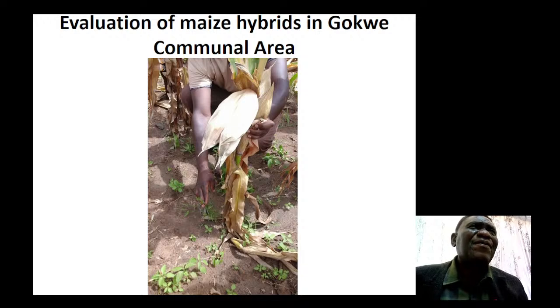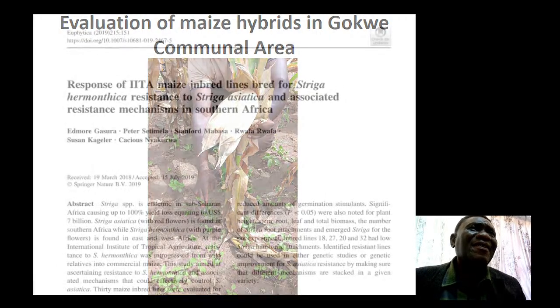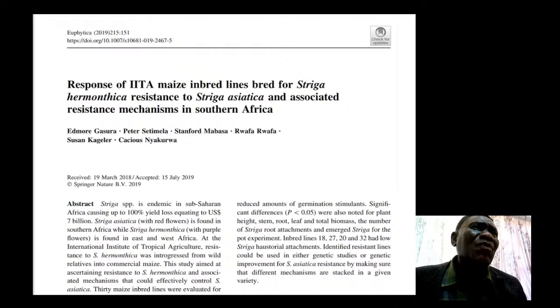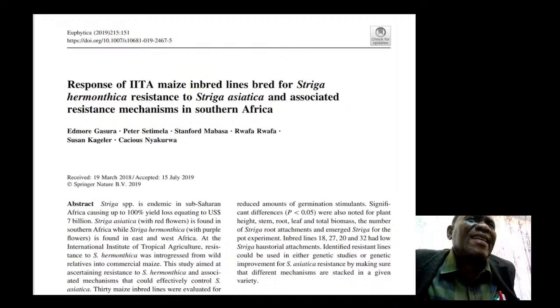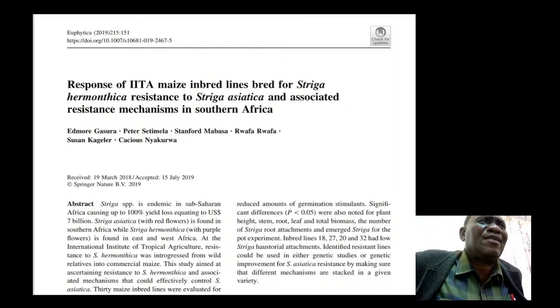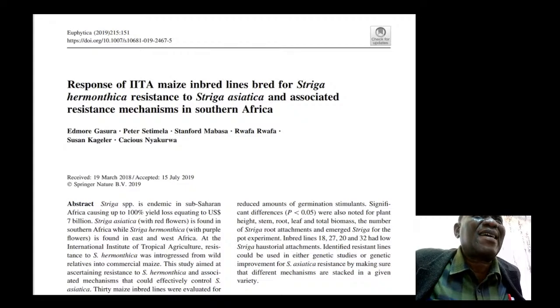This is under field evaluation of maize hybrids in Gokwe. Here you cannot see Professor Gasura, but you can see his hands holding this crop. Again, there's a paper, so many papers about Striga resistance in maize done by our department. If you have time, you can read these stories.